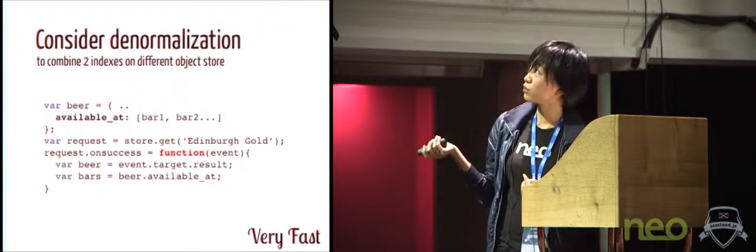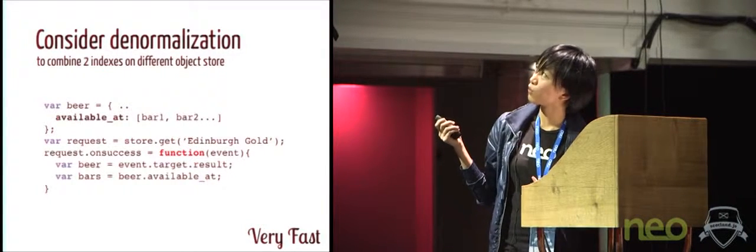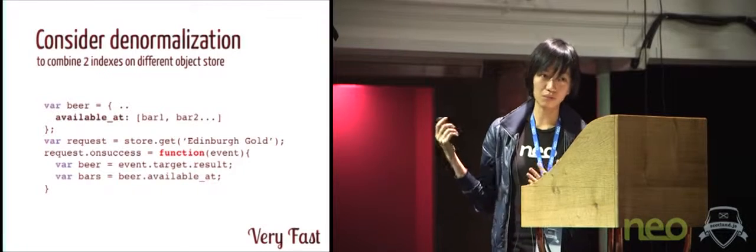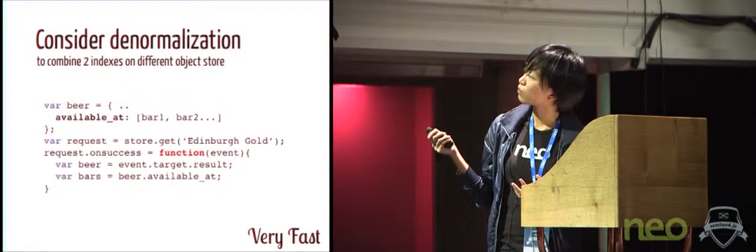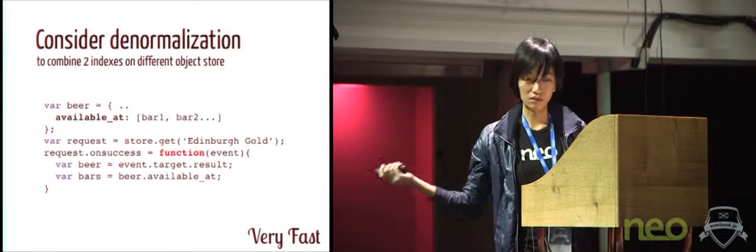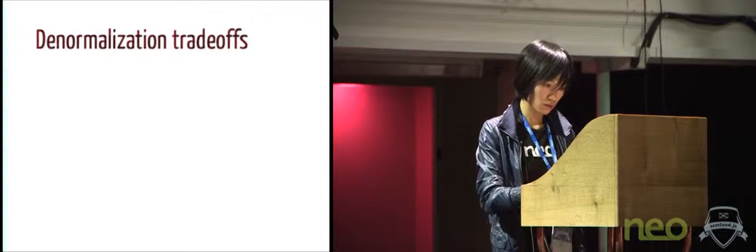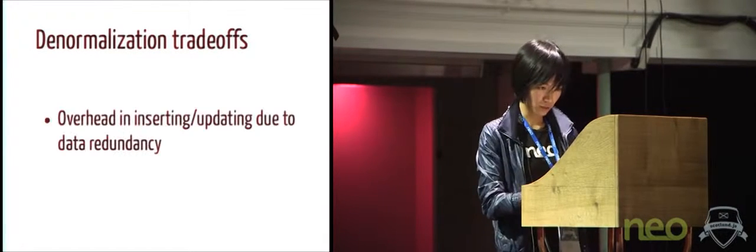Or an even better way to do it is to put the list of all the bars that have that particular beer into the beer object. And then whenever you get that particular beer, you have the bars array available for you. Of course, denormalization comes with trade-offs.